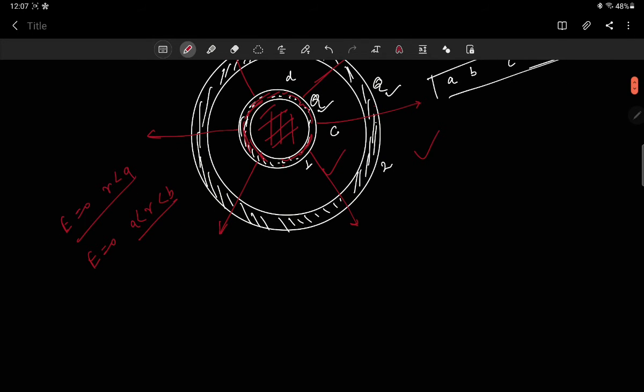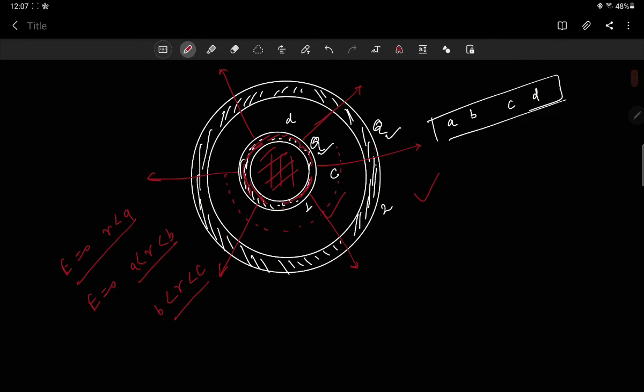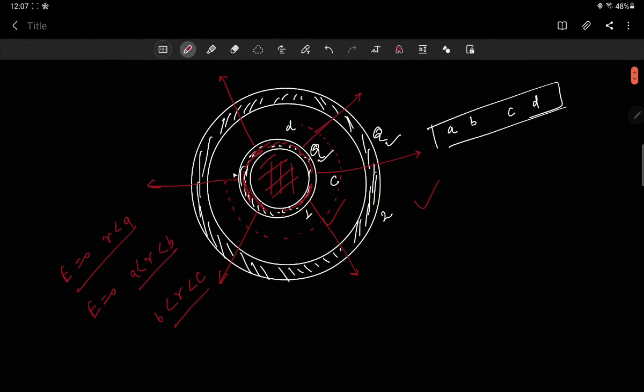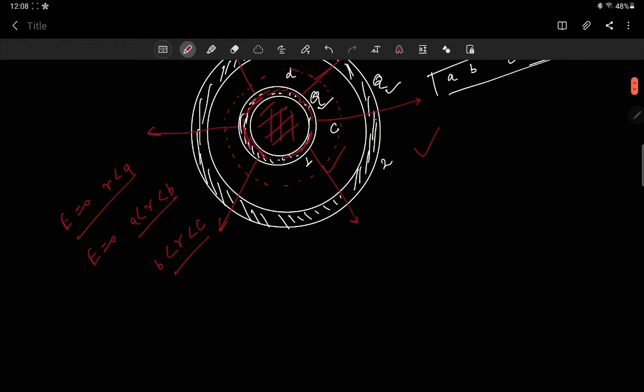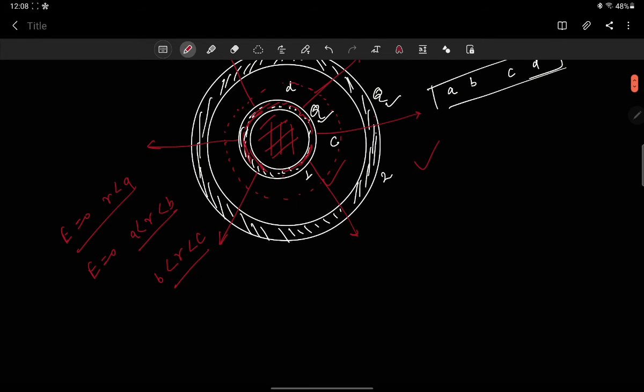Now let's come to the region where R is greater than B but less than C. If you draw a Gaussian surface here and calculate the flux coming out of this sphere, that will be equal to the enclosed charge, capital Q, divided by epsilon naught. So the electric field in this region is non-zero and equal to 1/4 pi epsilon naught times Q by R squared, where R is the distance at which you are calculating.